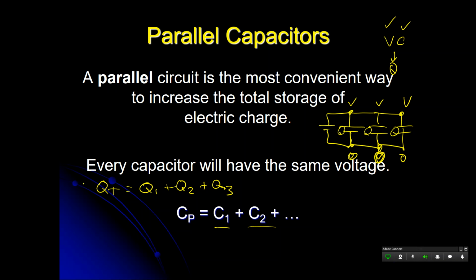This one's going to give us the total equivalent capacitance, this one's going to give us capacitance 1, this one capacitance 2, and this one capacitance 3, and so on. So we can say that in order to determine the capacitance of a parallel circuit that has many capacitors in parallel to each other, you can simply add up the capacitance.